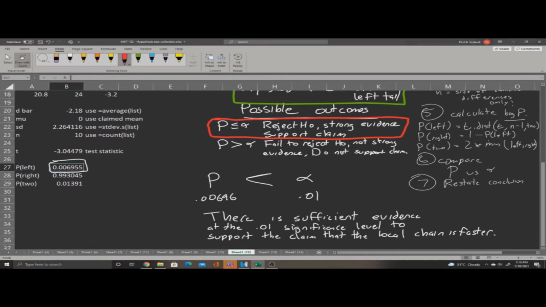So we have mentioned the evidence, we've mentioned the significance level, we've supported the claim, and we have restated what the claim is. Those are the 4 things we need to say to draw a conclusion.